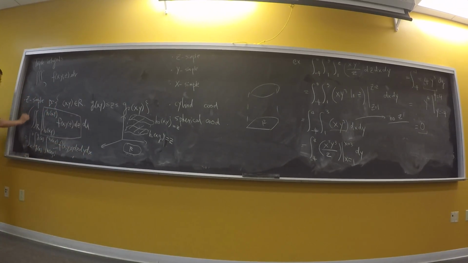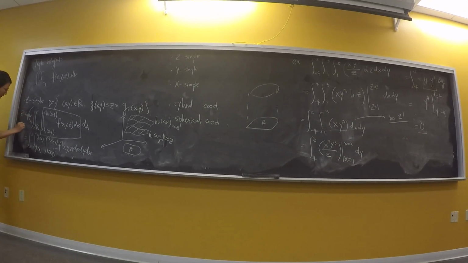So first, this is a z simple. Second, it is a y simple. So you have to pair off your integrating region, integrating solid, step by step. First, you have to identify it is a Z simple region.